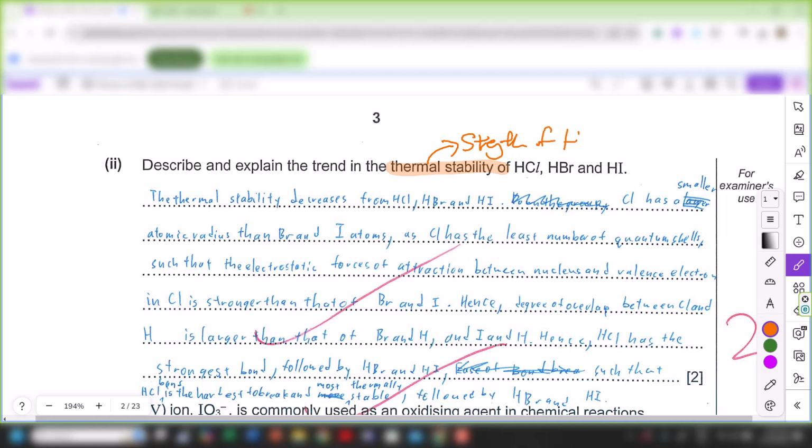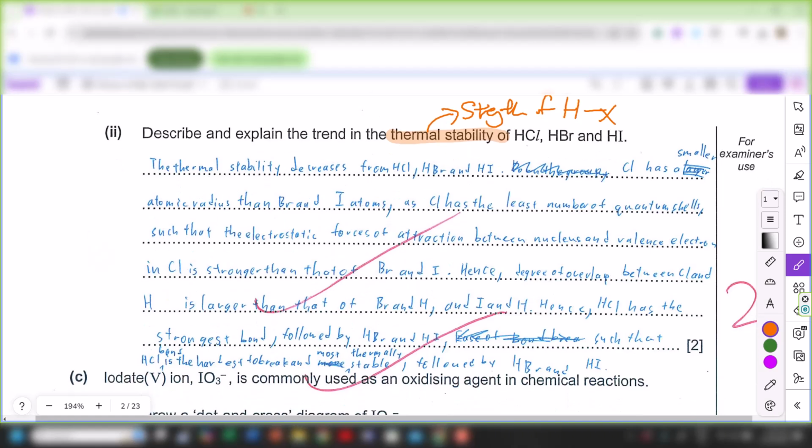Of HX. However, because it's 2 marks, you can't just say that the bond strength decreases. You have to bring in the idea of the extent of orbital overlap between X and H. So as the atomic radius increases from Cl to Br to I, the extent of overlap is weaker.